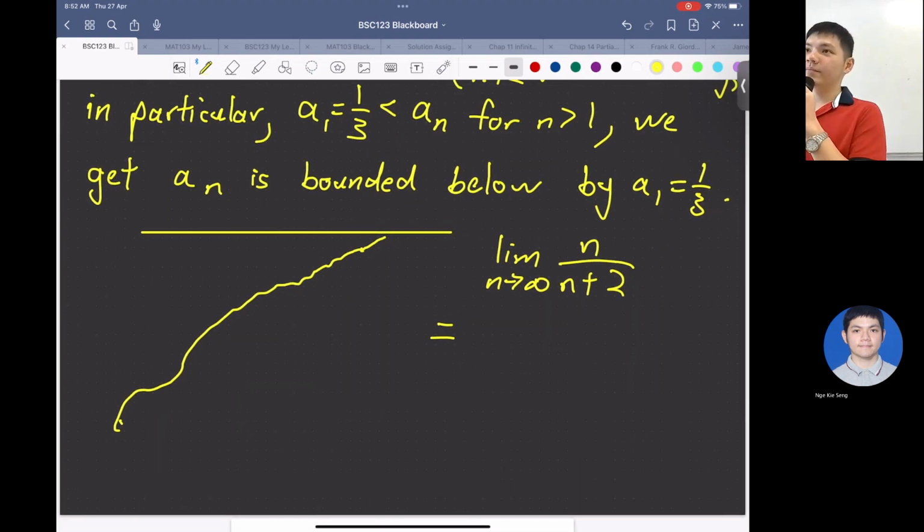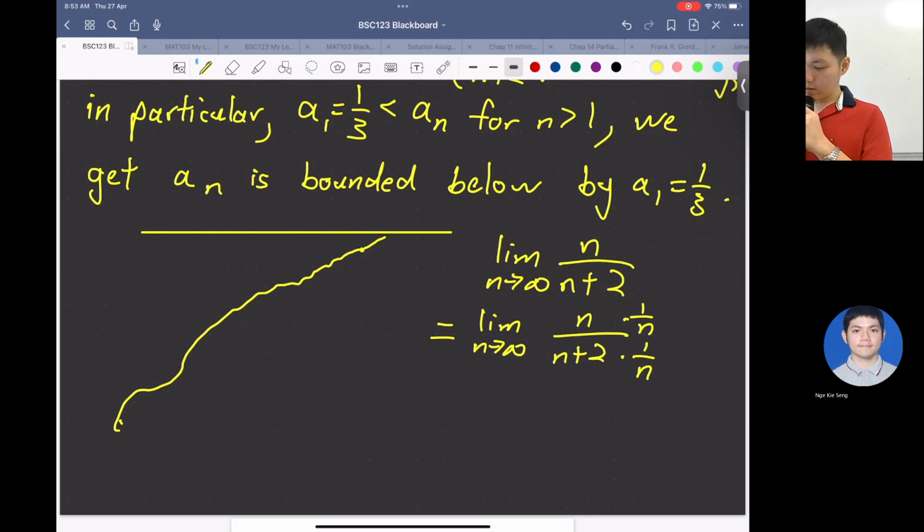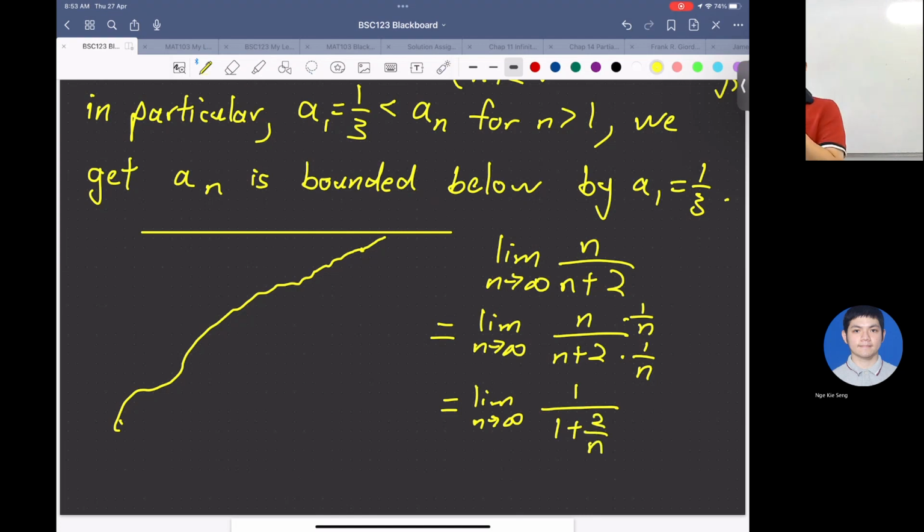How to compute the limit? You can divide by n, so we get 1 over 1 plus 2 over n.